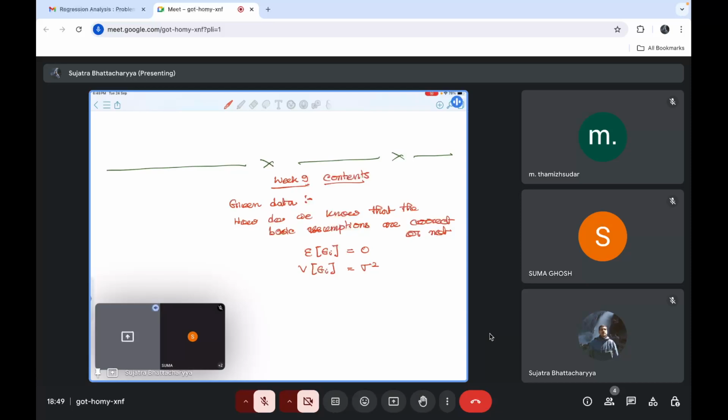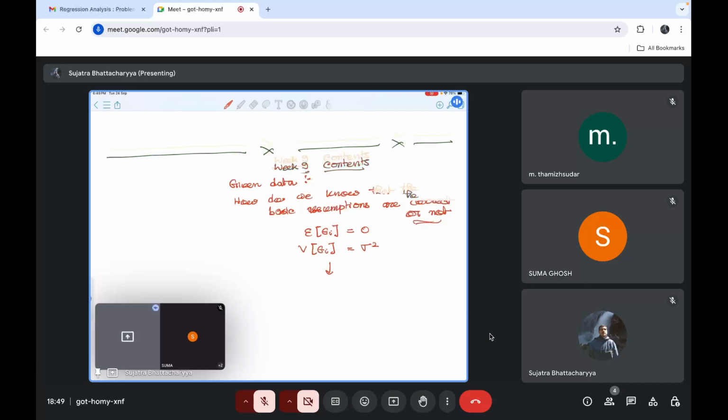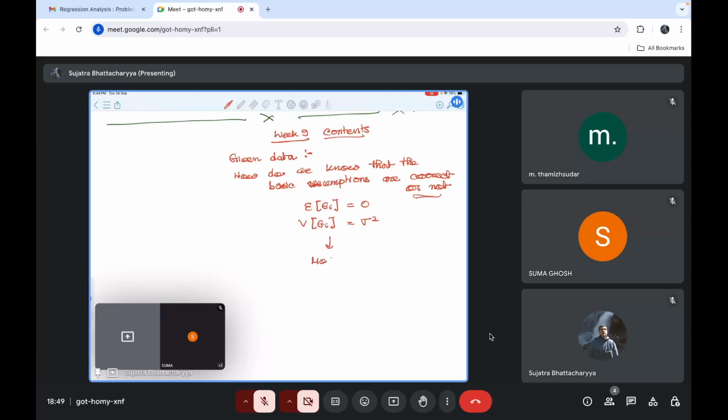Then the simple linear regression we have derived, the fits which we have done, cannot be done in that way. To understand whether this is correct or not, we have used model adequacy checking.